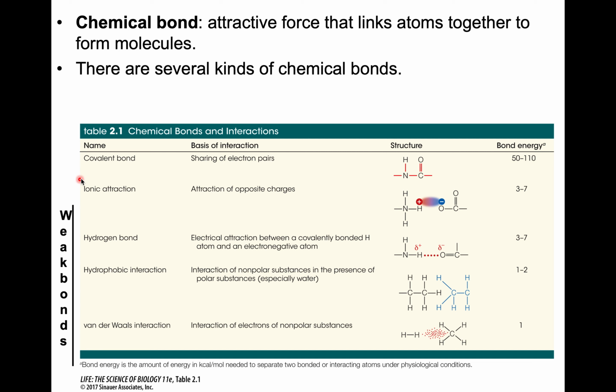You can see in this table here, there are different kinds of chemical bonds: covalent bonds, ionic bonds, hydrogen bonds, hydrophobic interactions, van der Waals interactions. These are all different types of chemical bonds, and I'll give you a brief description of how these work. So I am going to stop there, and we'll pick this up in the second half.